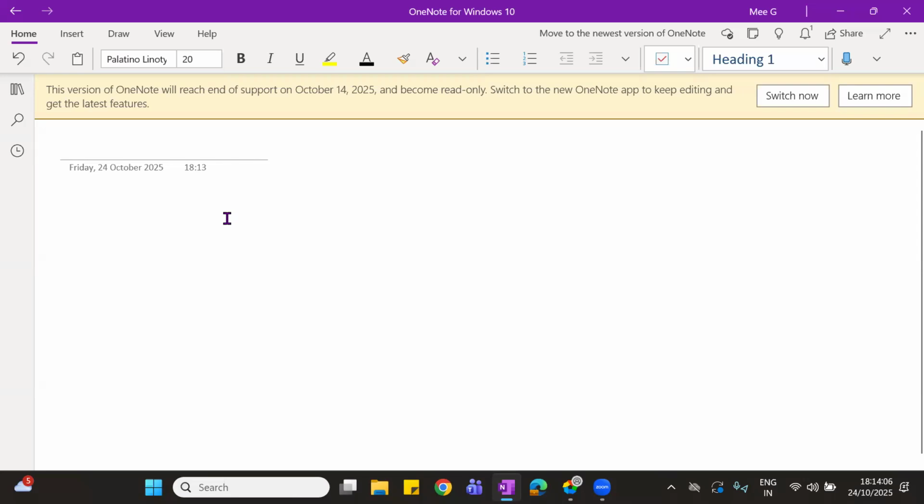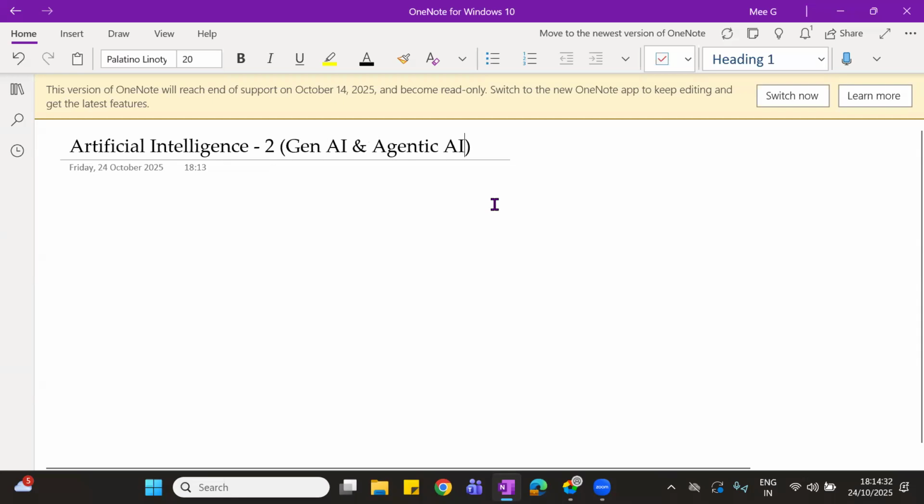Now let's see them. As we are going to see, the artificial intelligence part with Gen AI and agentic AI.